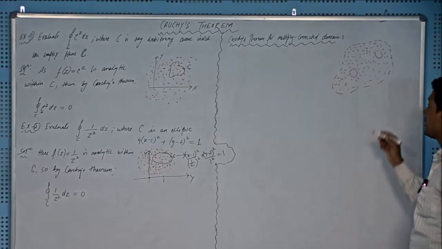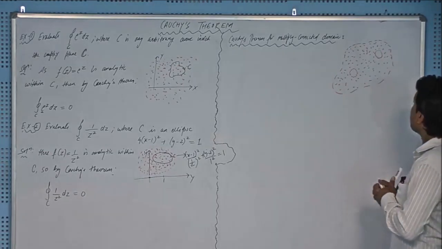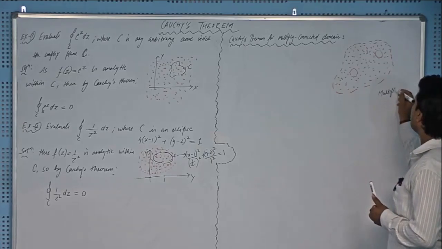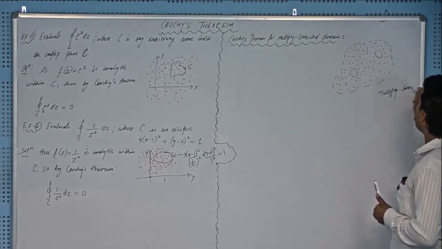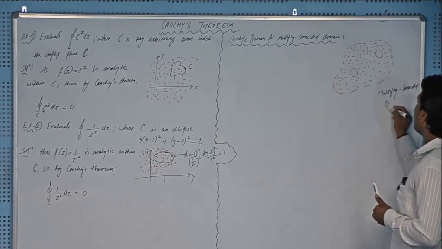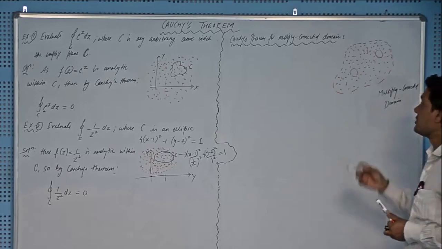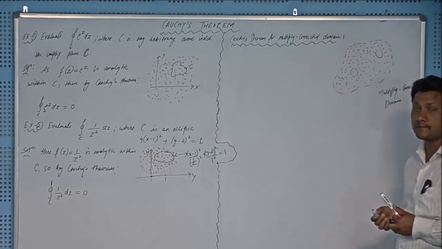So this is an example of multiply connected domain, or more precisely it is a triply connected domain because it has two holes inside it, right?